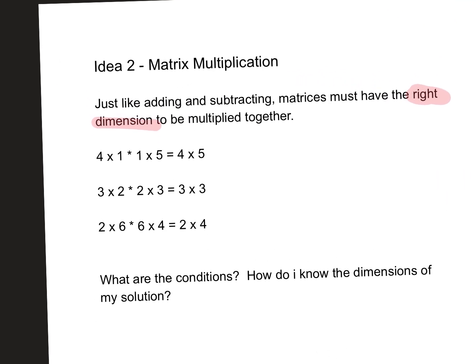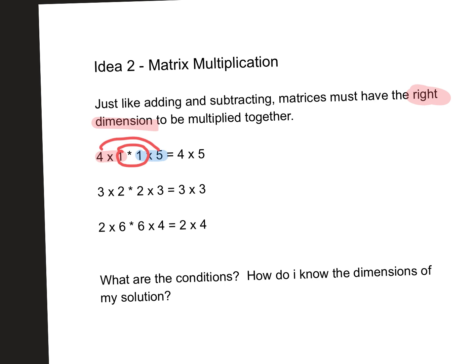In order to be able to multiply them together, if one is a 4 by 1 and one is a 1 by 5, these two in the middle have to be the same. The number of columns in the first matrix and the number of rows in the second matrix have to be the same. And then the resulting matrix is going to be the outside.